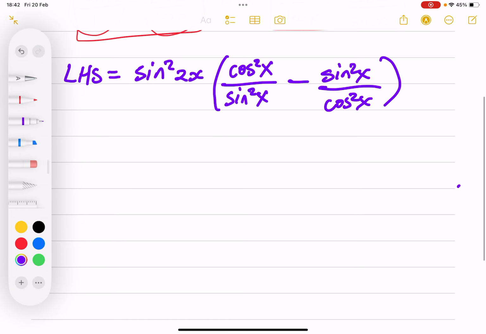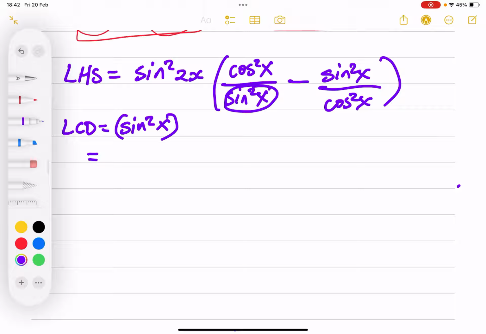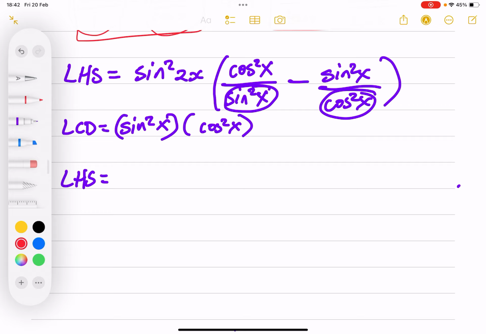And then from here, we need to find the LCD, the lowest common denominator. LCD will be sine squared x multiplied by cos squared x.